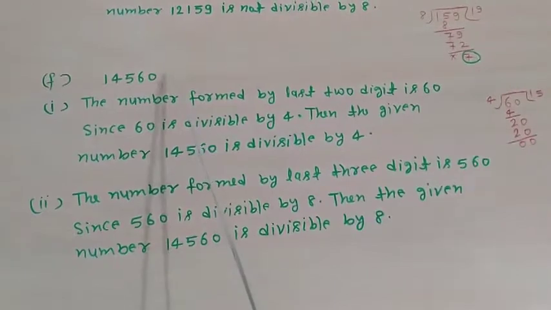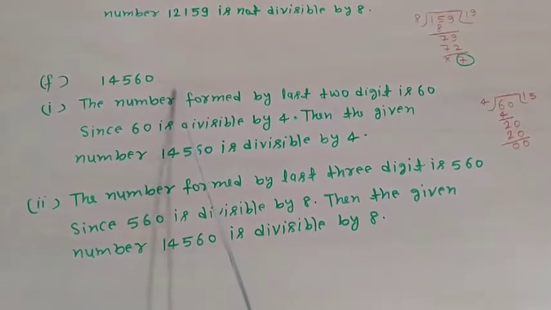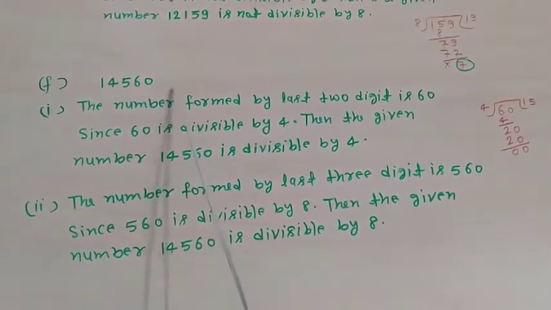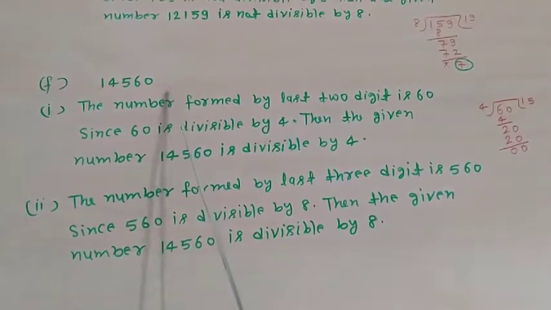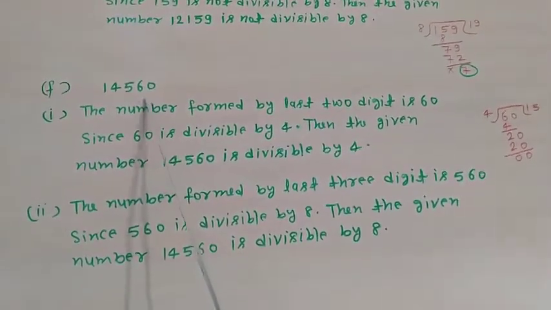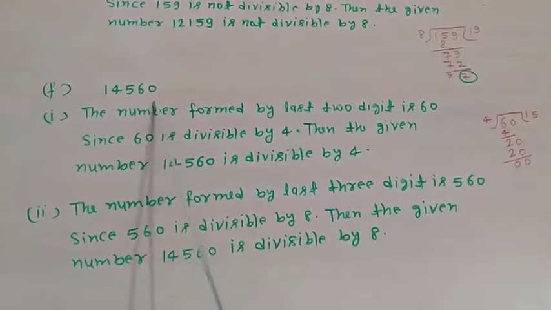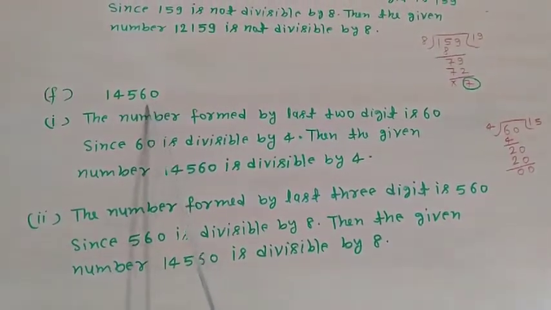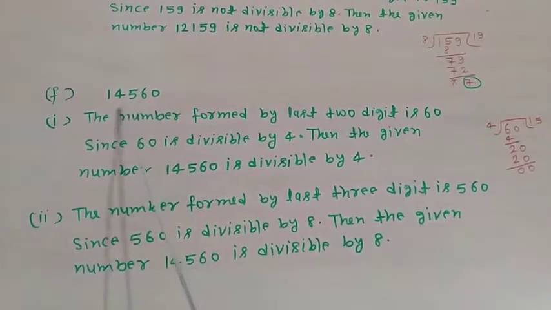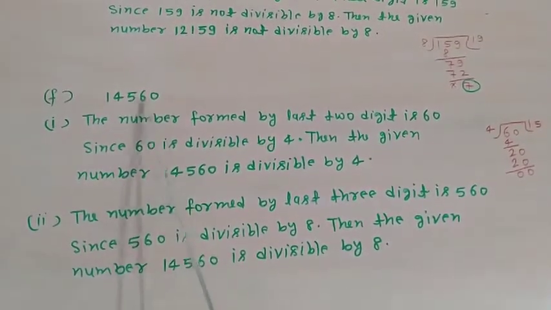First we check divisibility by 4, after this divisibility by 8. For divisibility by 4 we check the last two digits. You can see here the last two digits are 60. So 60 is divisible by 4, so 14,560 is divisible by 4.